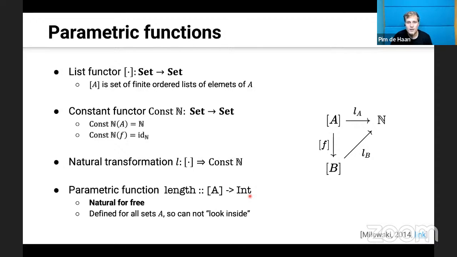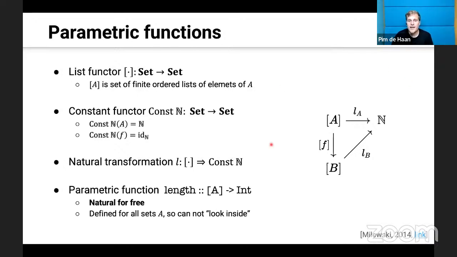length of the list. So this is natural because if we have a list of objects of set A, then we apply the functor, which applies the function f element-wise, and then apply our length function. Then we get a natural number, and this is the same as if we applied the length function on the original list.